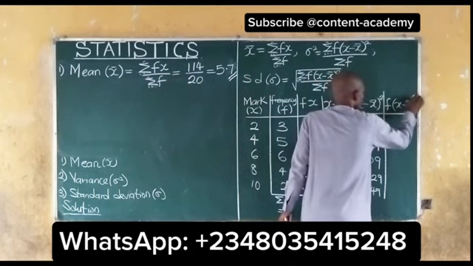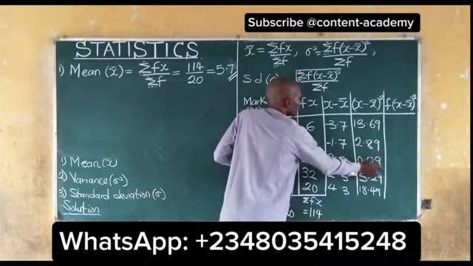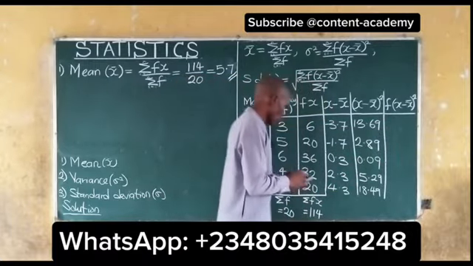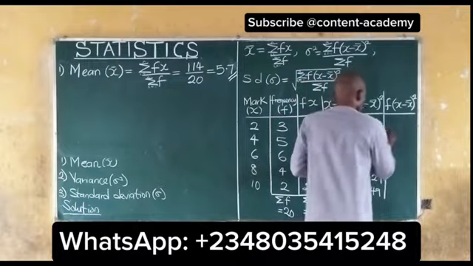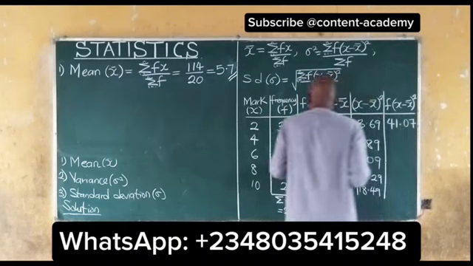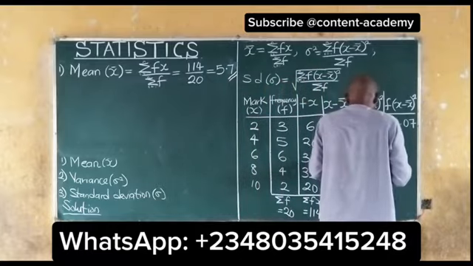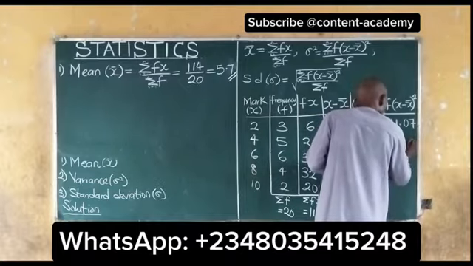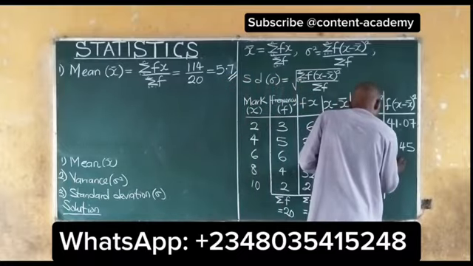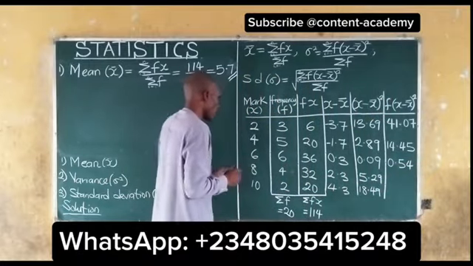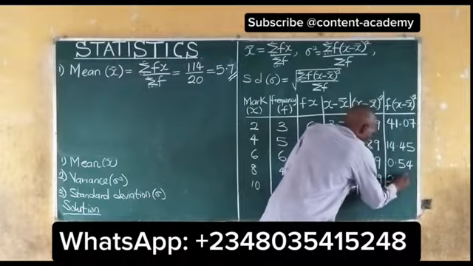Now, the last table we produce is f multiplied by x minus x bar squared. So we are multiplying f by what we have here. 3 multiplied by 13.69, we have 41.07. 5 multiplied by 2.89, we have 14.45. 6 multiplied by 0.09, we have 0.54. 4 multiplied by 5.29, we have 21.16.